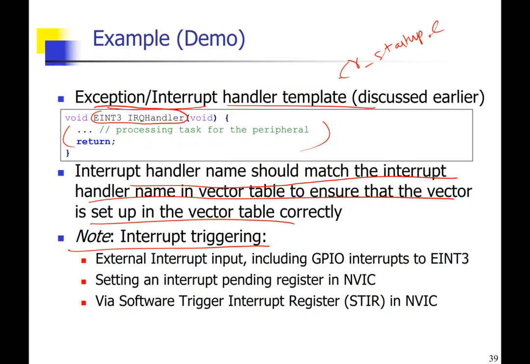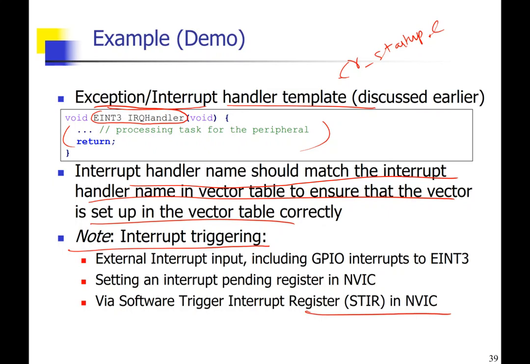And you can do that by just writing to the set pending register, interrupt set pending register. And the third option is there is a register called STIR, software trigger interrupt register. And writing to the software trigger interrupt register can actually cause any interrupt to be triggered. So you write the exception number to STIR, exception number or IRQ number, one of the two, I can't remember exactly.